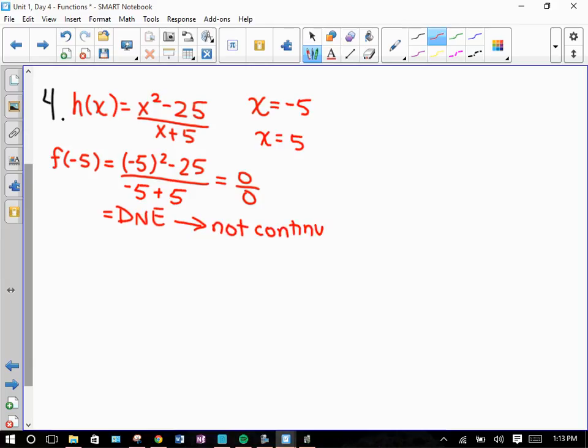And I thought I said this, maybe I didn't. If you ever plug something in and you get 0 divided by 0, that means that you have a hole. It is a removable discontinuity.